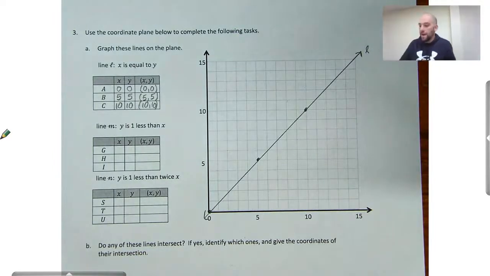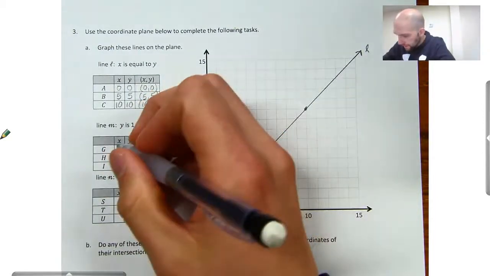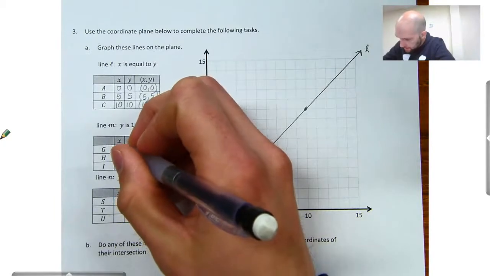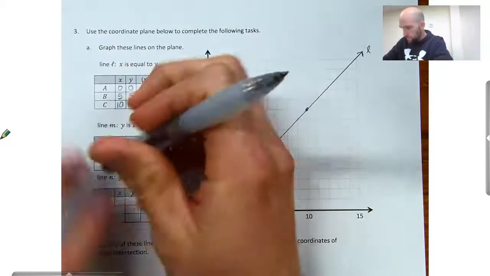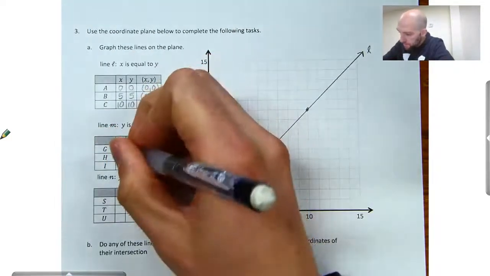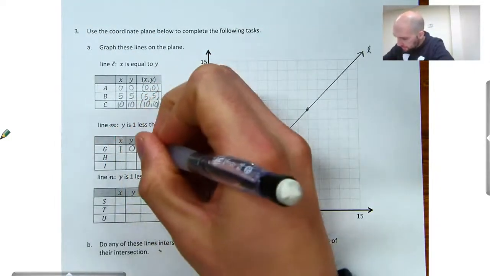Line M, y is 1 less than x. So we have x. Let's make x equals 1, y equals 0.